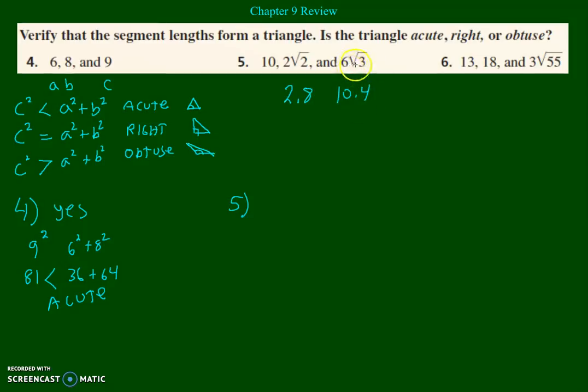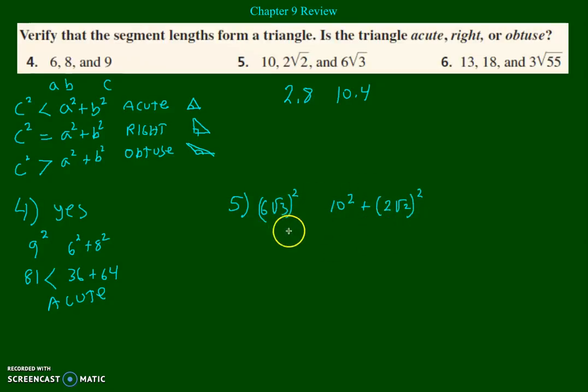So it looks like this is in fact the longest side. So we have 6 square roots of 3 squared and 10 squared plus 2 square roots of 2 squared.